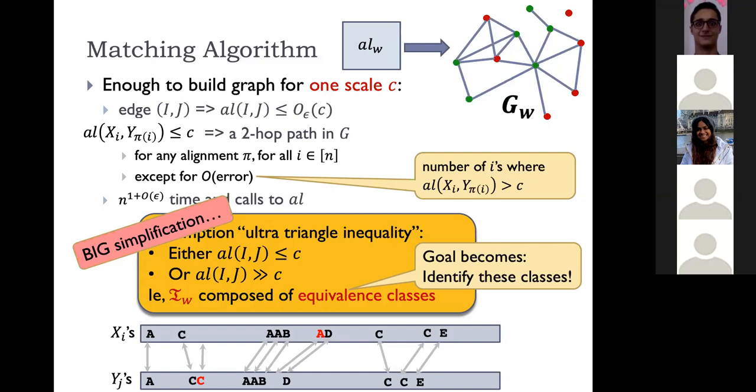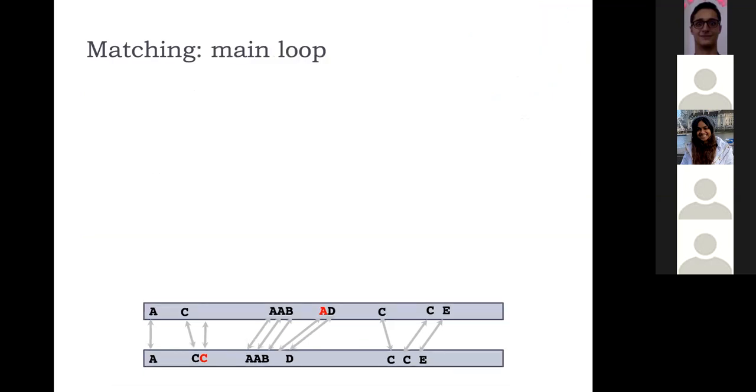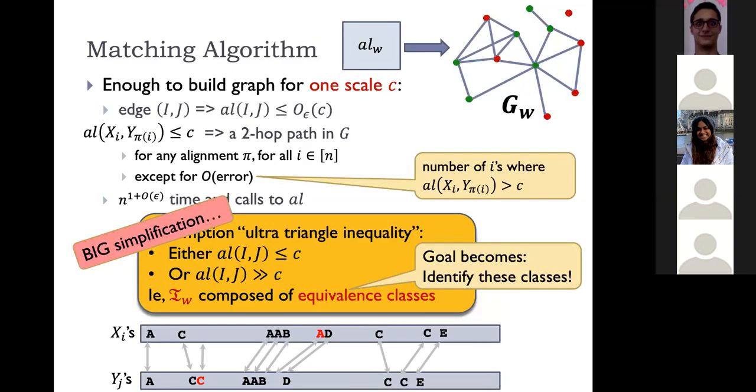Okay, so still, this lets us see something. Question: can you say a bit about why it's enough to build a graph for one scale? Or are you going to have exponentially increasing scales? Yes, you can take exponential. Your scales are all powers of 2, and you just union them with the right weights, and that will be it.